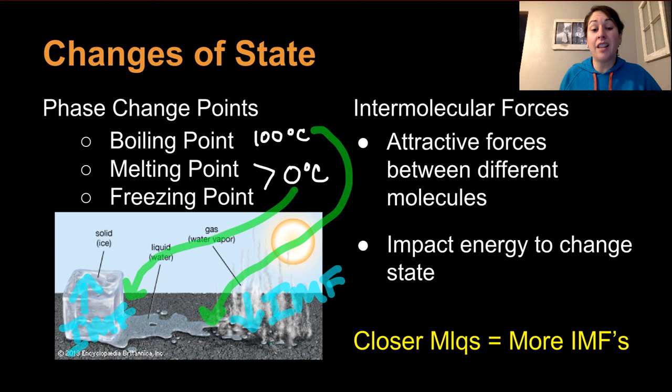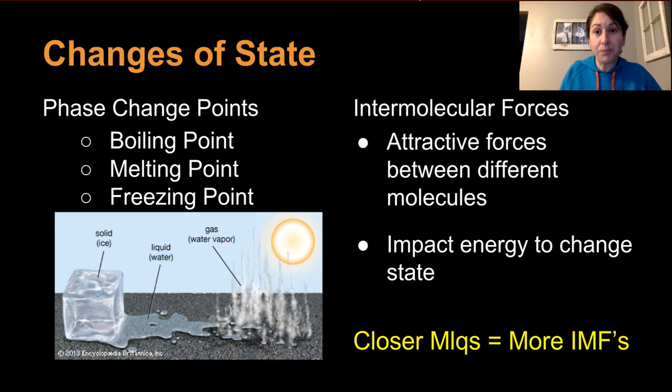We actually say that these basically will have no intermolecular forces. That's not always entirely true, but we make a lot of assumptions with gases that if they behave ideally, they're not going to have intermolecular forces. So that's just a little bit of background information there. So in order to change phases, we have to break these intermolecular forces, or these attractive forces that hold together these different states of matter, or molecules in these states of matter.